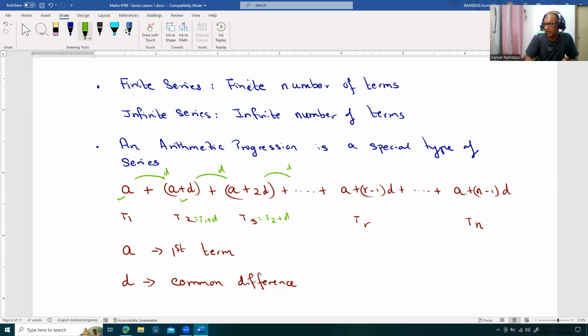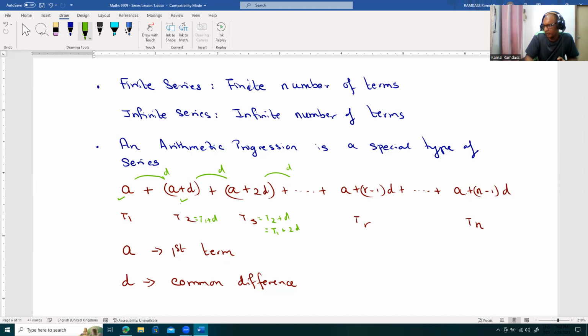So T1 is equal to A. T2 is equal to T1 plus D. T3 is equal to T2 plus D, or is equal to T1 plus 2D.